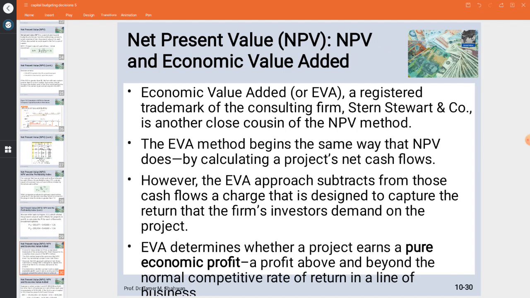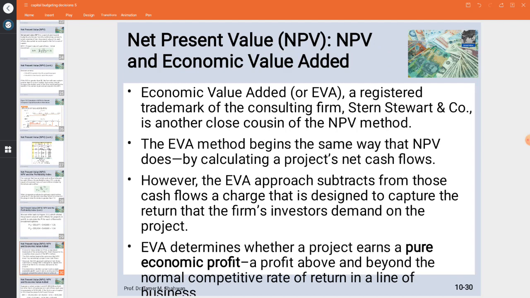The fourth technique that could be used in supporting capital budgeting decisions is to calculate what we call economic value added, EVA. EVA is similar to the NPV technique, where both of them start by calculating the project's net cash flows.